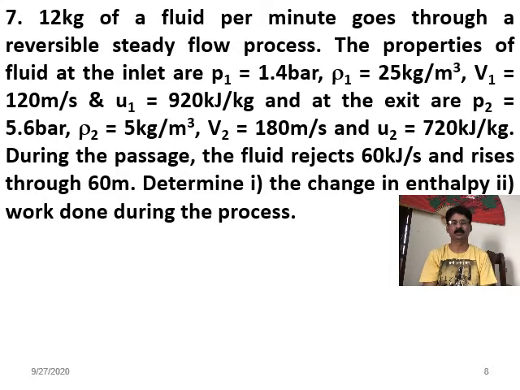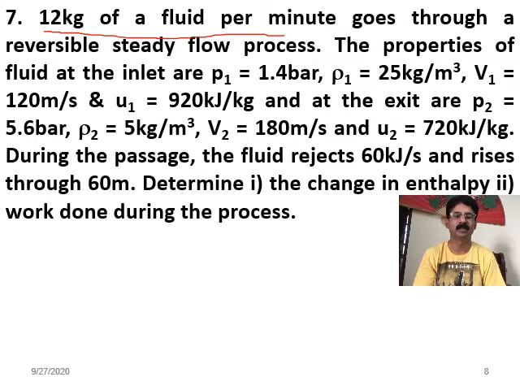Now we are coming into the first law, the steady flow energy equation. In the steady flow energy equation, the mass flow rate may sometimes be given, or sometimes it may not be given. Here it is given as 12 kg of fluid per minute. The properties are given both at the inlet as well as the outlet: P1, rho 1, velocity, internal energy, and at the exit also pressure, density, velocity, internal energy.